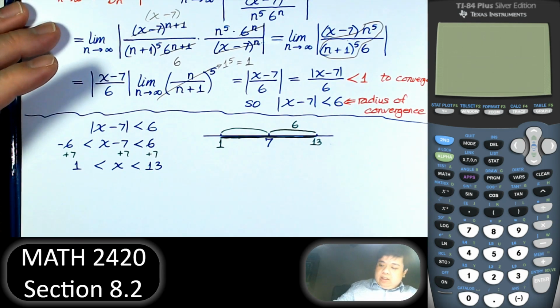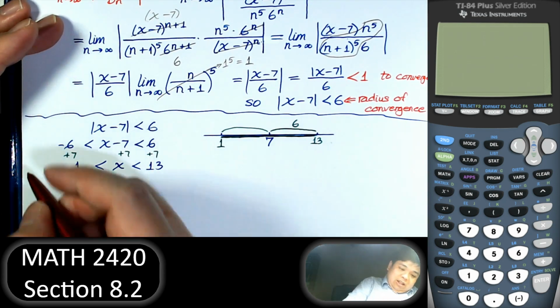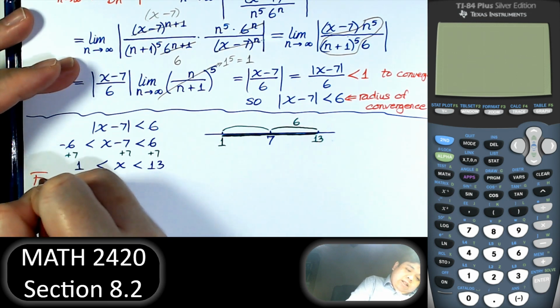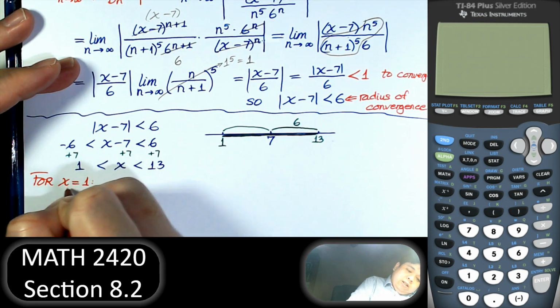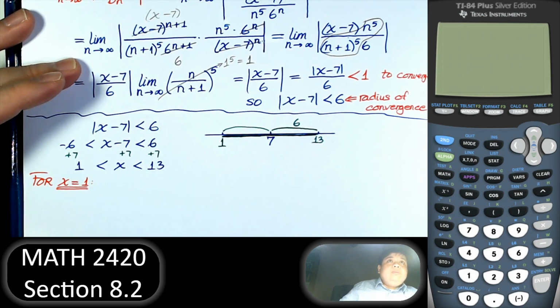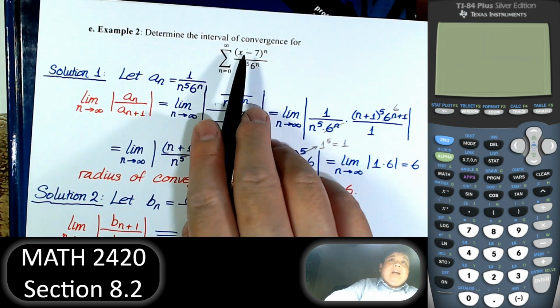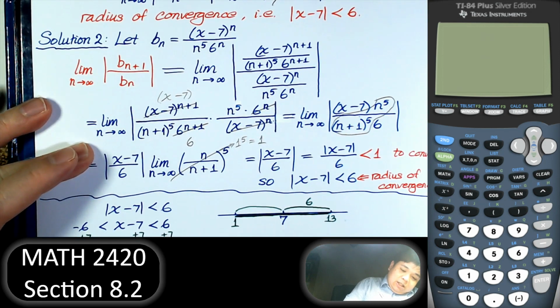So at the boundary, first for x equal to 1, we put 1 back into the original series.